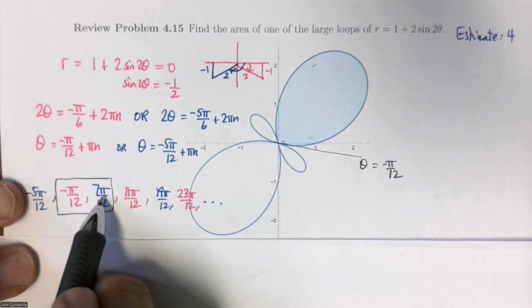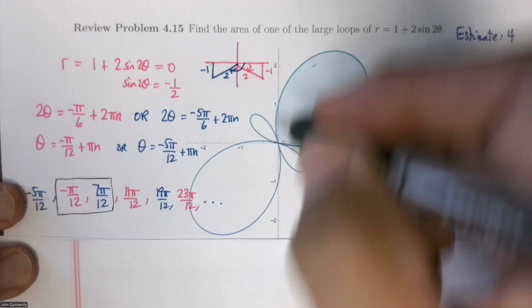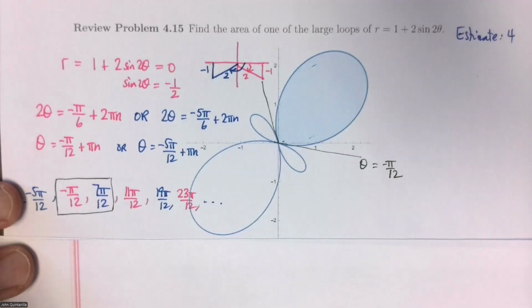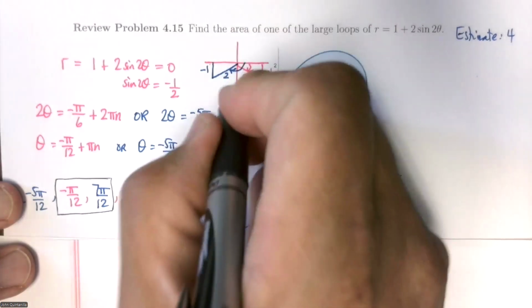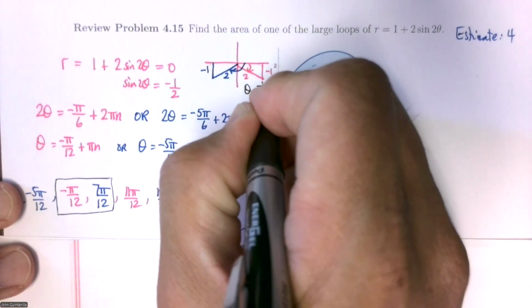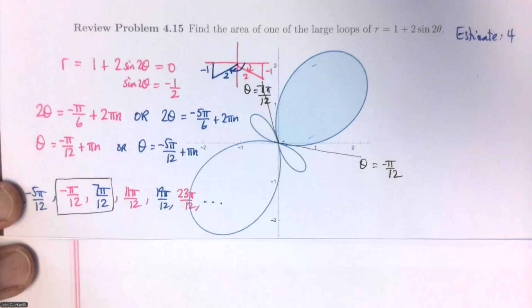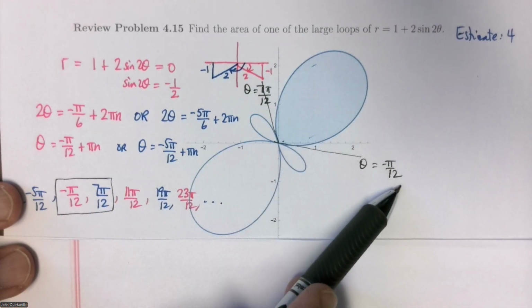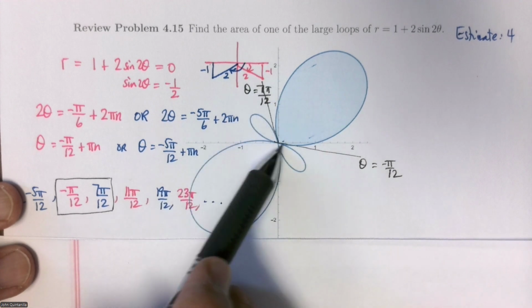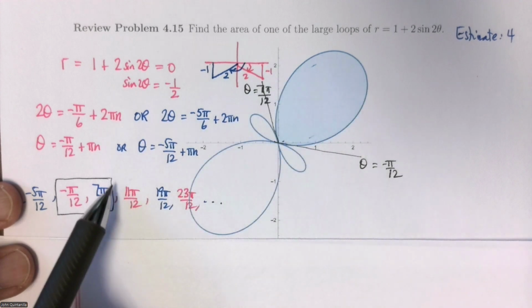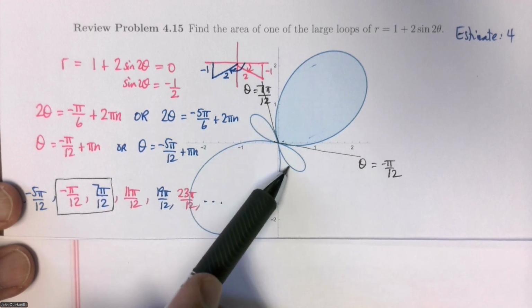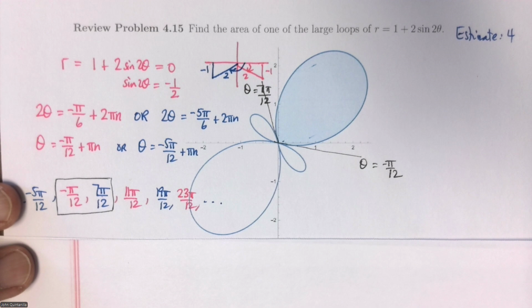And 7 pi over 12 is a little more than pi over 2, so this edge, a little past vertical, corresponds to theta equal to 7 pi over 12. So I'm going to find the area in the region between negative pi over 12 and 7 pi over 12, which corresponds to one of these big loops. The small loop would be from 7 pi over 12 to 11 pi over 12.